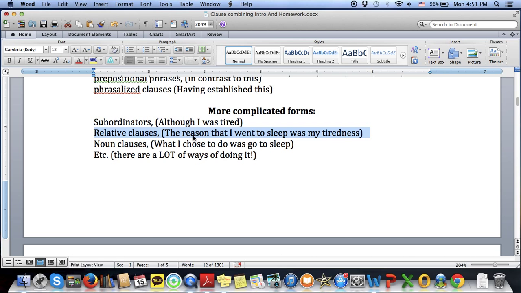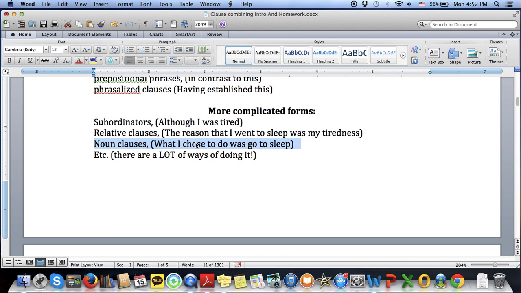We have relative clauses as well. This is if we're trying to describe a noun. There's many ways to talk about this. The example that I have here, the reason that I went to sleep, people still debate this. Is this actually a relative clause, or is this some sort of noun clause adjunct to the reason? Whatever. The bottom line is we are taking a clause in here and we're using it to modify a noun. We have noun clauses as well.